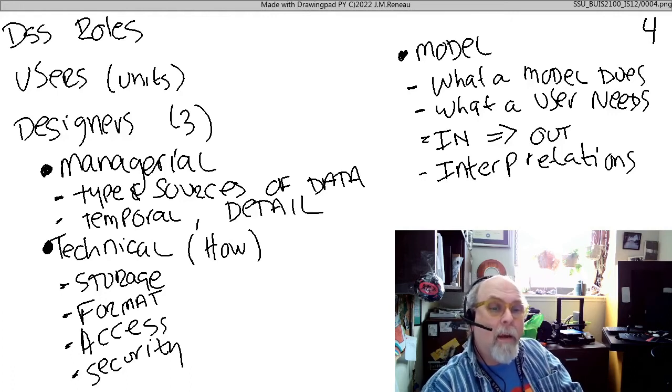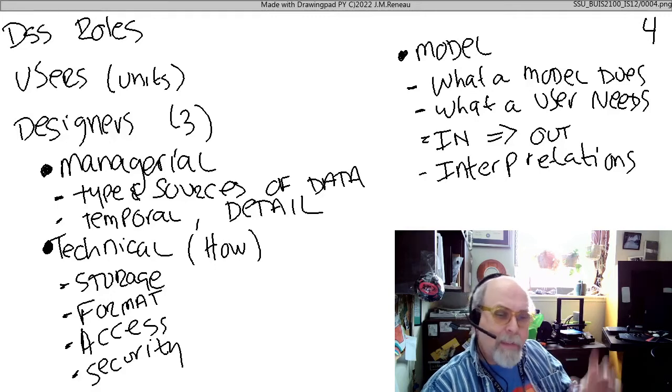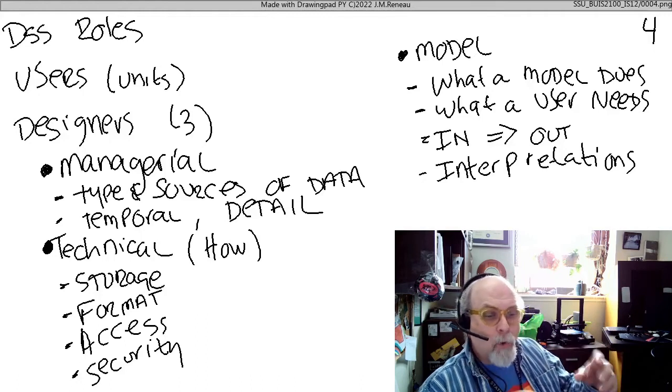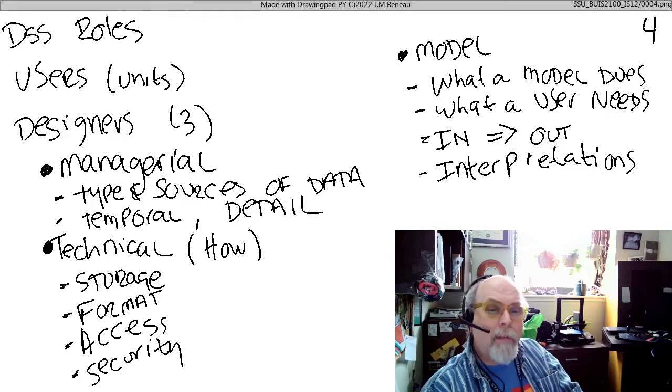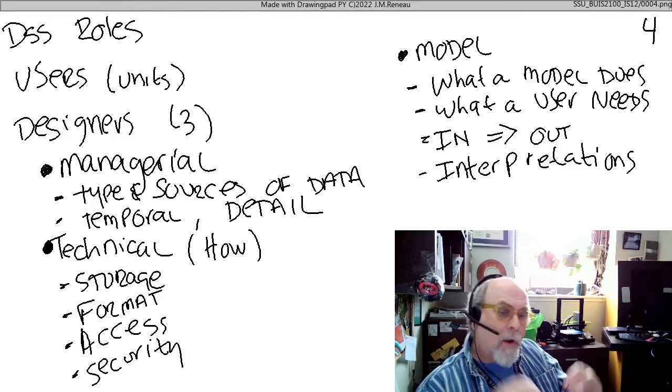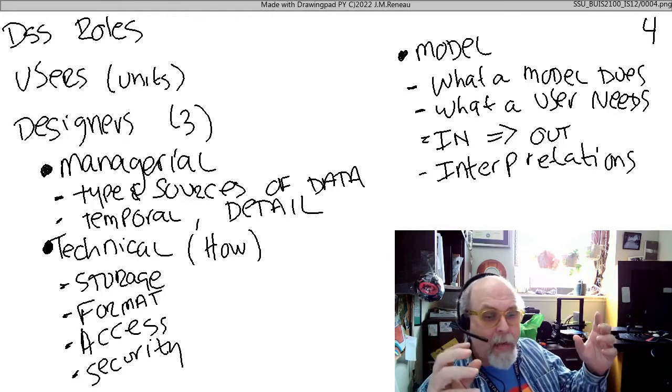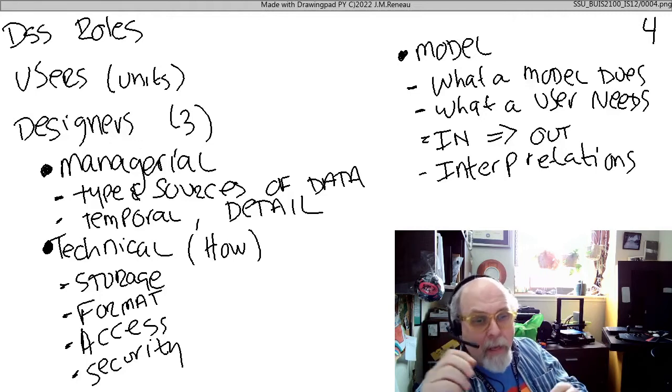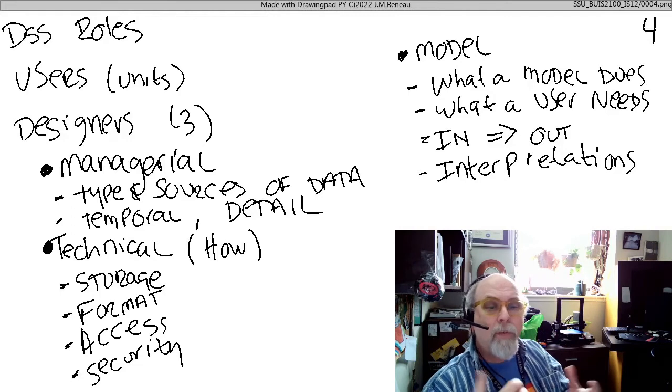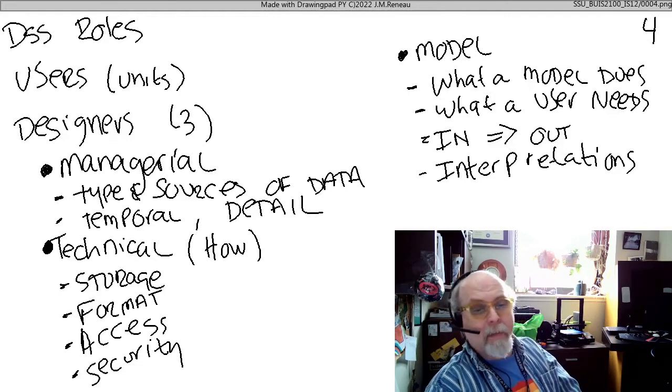And then we have a model designer that's often involved in a decision support system. We've got all this data, we've got it stored, we've got it formatted, we figured out the security, but what does the model do? How are the exact connections really going to happen? What are the formulas that connect this dependency and that dependency? What are the user's real needs?